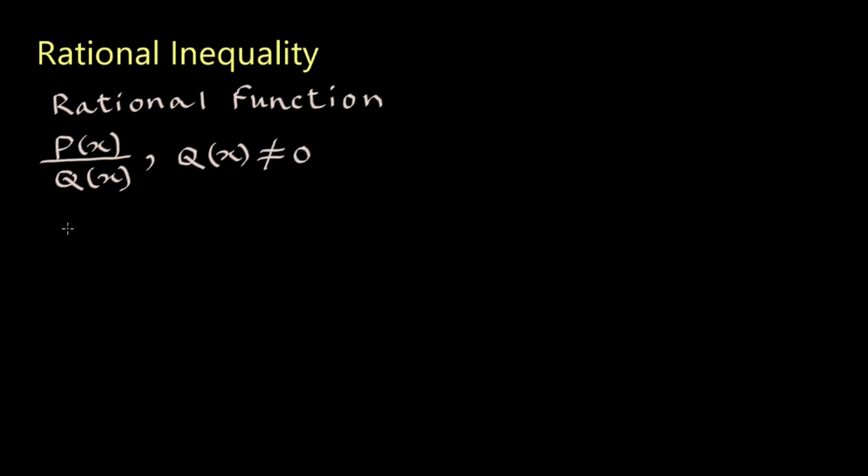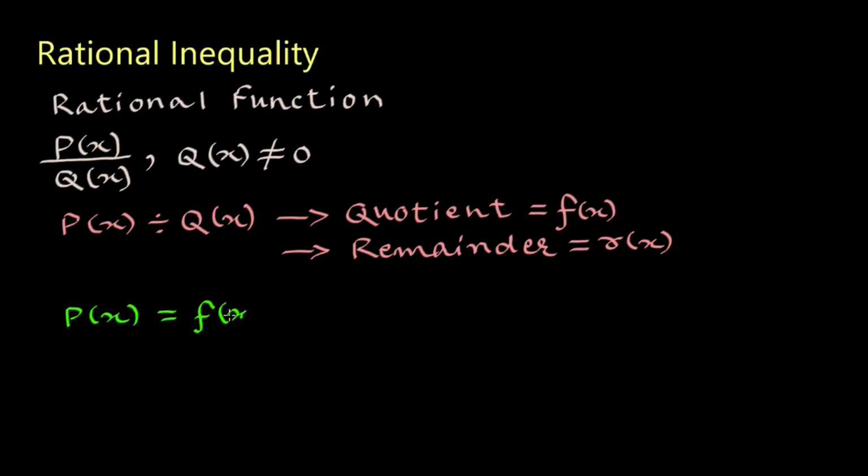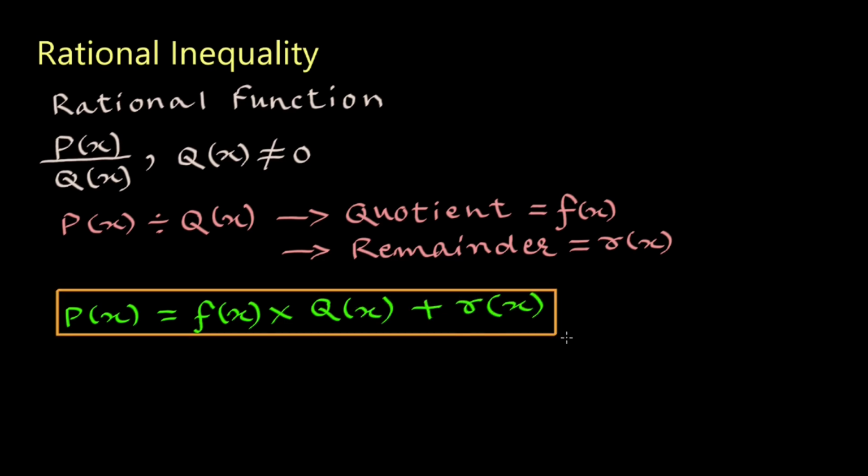After dividing p(x) by q(x), if we get quotient equals f(x) and remainder equals r(x), then we can write dividend p(x) equals quotient f(x) into divisor q(x) plus remainder r(x), known as the division algorithm.